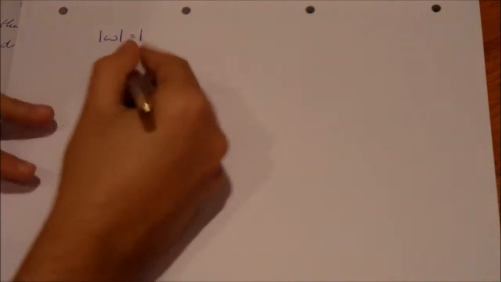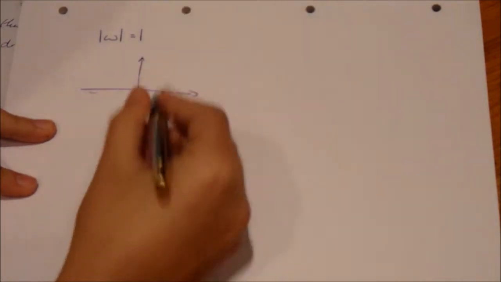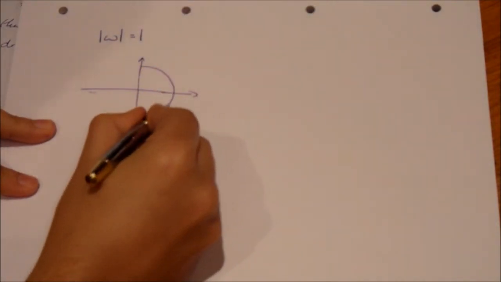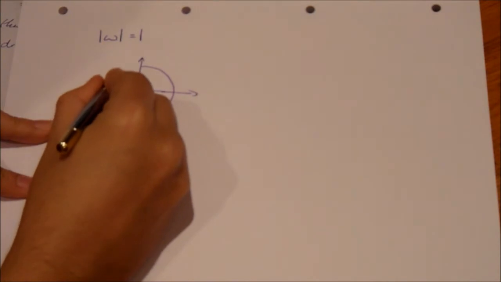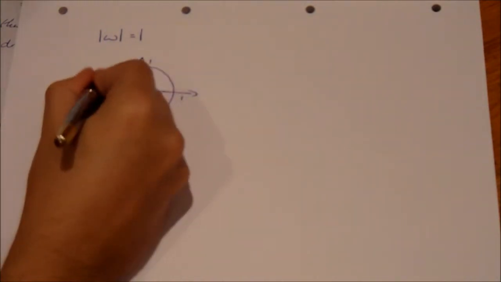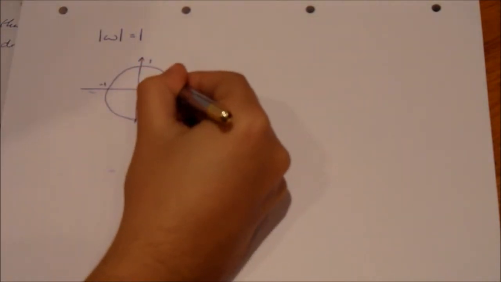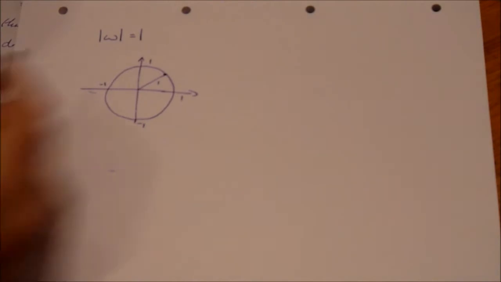Which, when you think of any point on the unit circle, so if you draw a complex plane, nice unit circle. Apologise for my inability to draw circles. If that's a 1, that's 1, minus 1, minus 1. Any point on this circle is distance 1 away from the origin. So that is the sketch of that function.